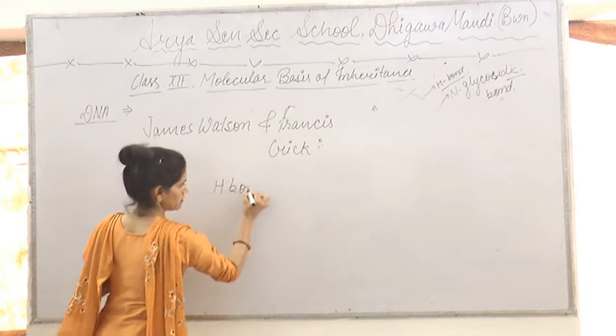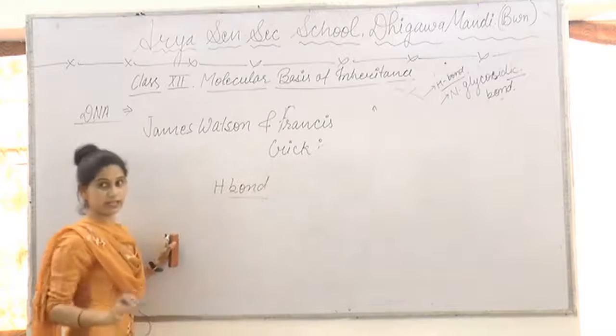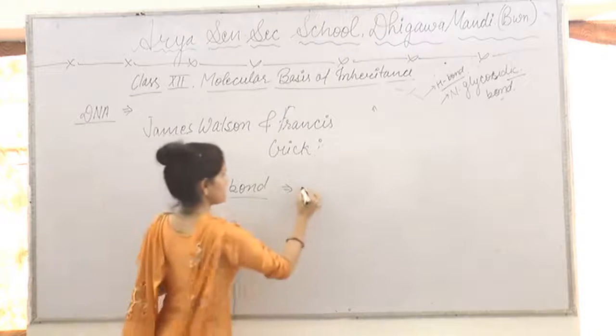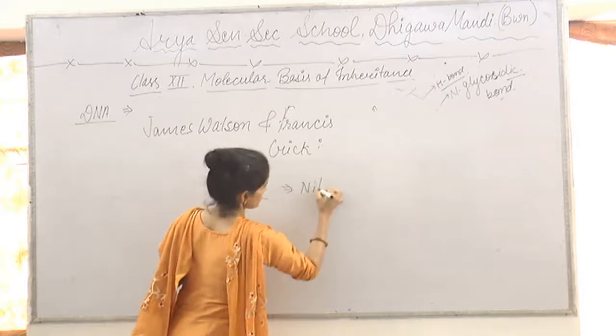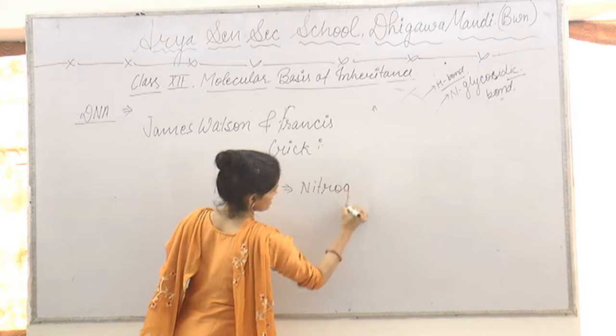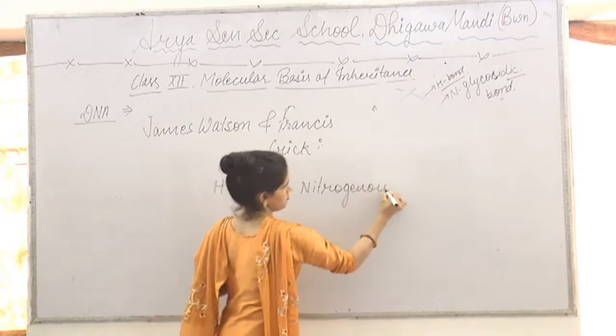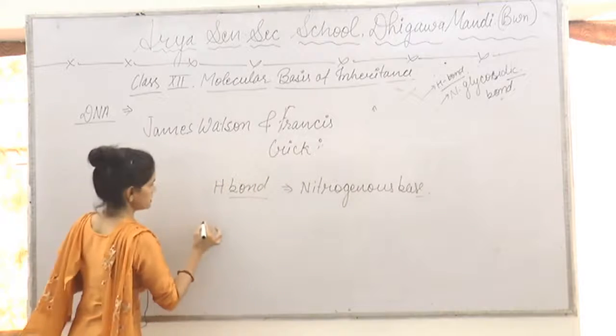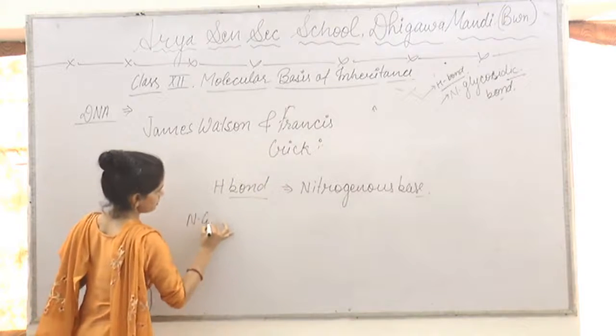In case of ultrastructure of DNA, there are three types of bond. Hydrogen bond, which is present in between the nitrogenous bases. And second one is N-glycosidic bond.